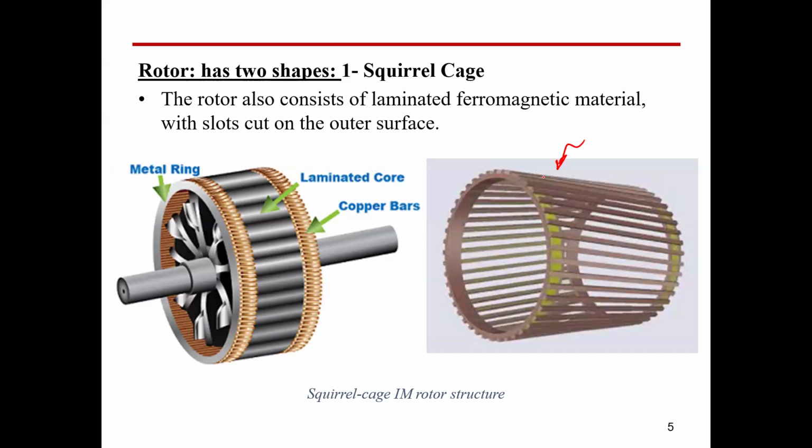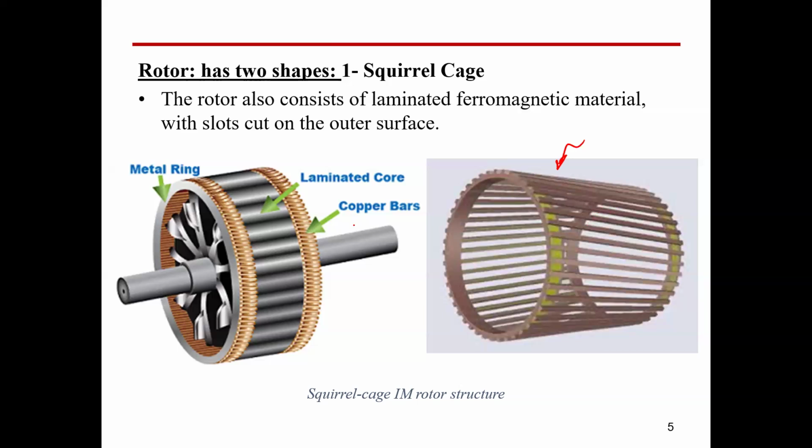This is called the cage. If you remember, we discussed this in the synchronous machine topic under the name of damper winding. The damper winding is used in the synchronous machine, and we use it to start the synchronous motor as an induction motor. Today, we will go deeper and understand the concept of the operation of such a structure in our motor, and why it helps the motor to start.